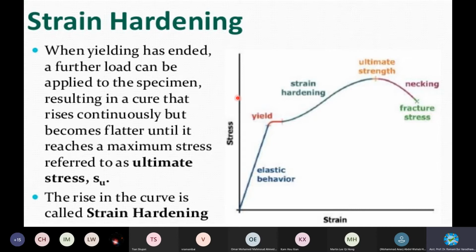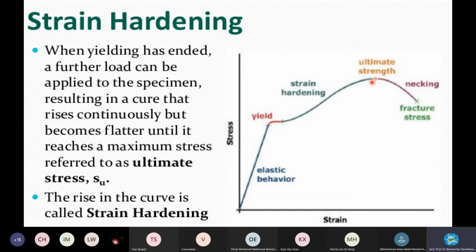Even after you increase the load, or just slowly remove it, it is still having a strain rate, slowly removing the load. If this line is not growing, then it is called perfect. But it is growing for no increase or very little increase of loading until it reaches a point called ultimate strength.